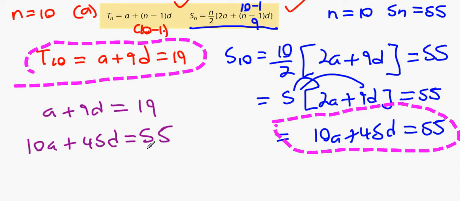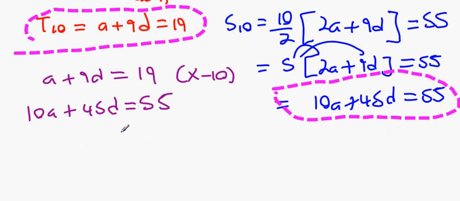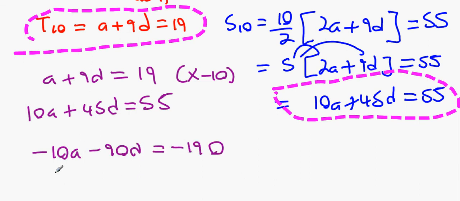I'm going to get rid of the A's starting off. So I need to multiply the top one by minus 10, because I need to have this as minus 10A. So multiply the top one by minus 10, and we get minus 10A minus 90D equals minus 190. The bottom one's going to be 10A plus 45D equals 55.